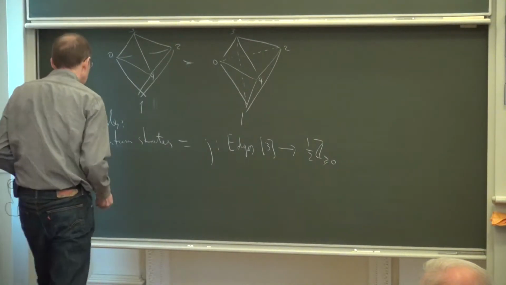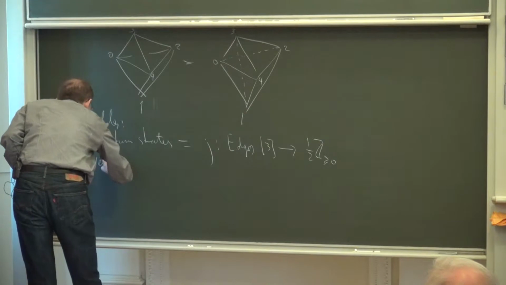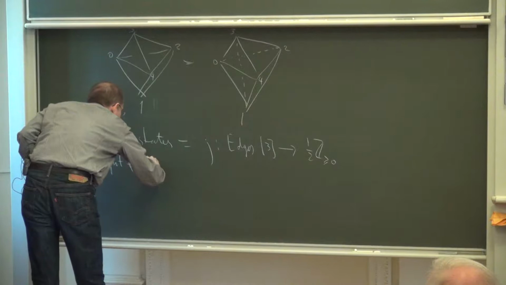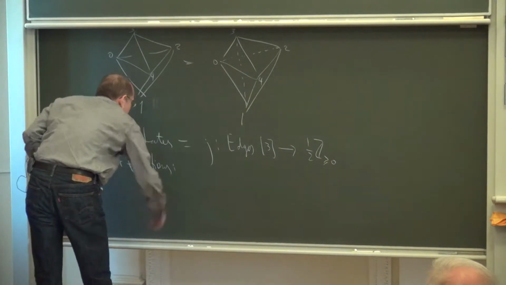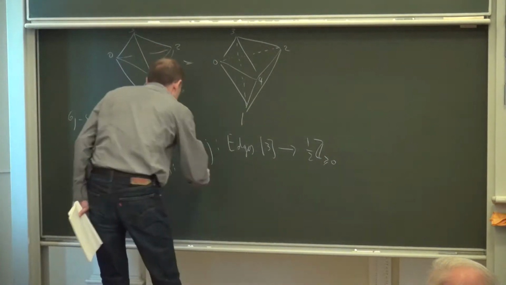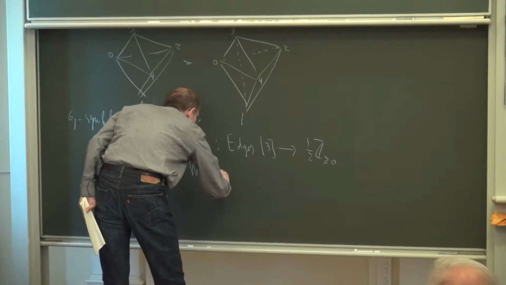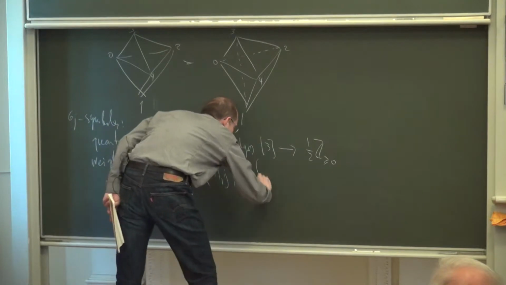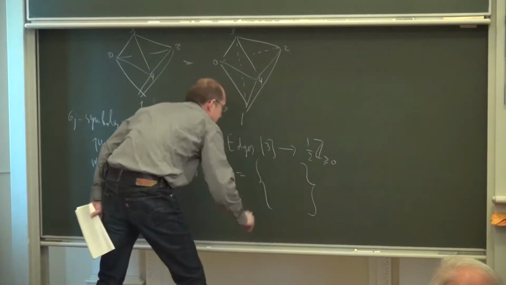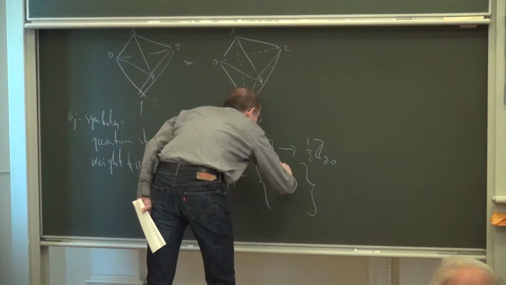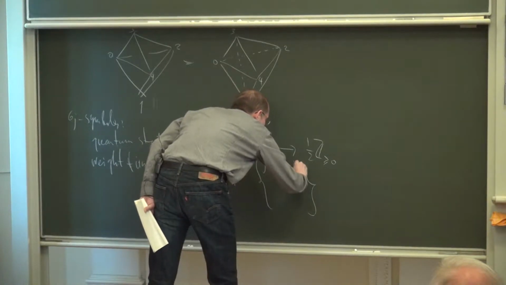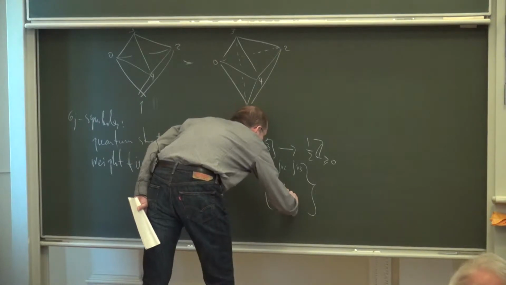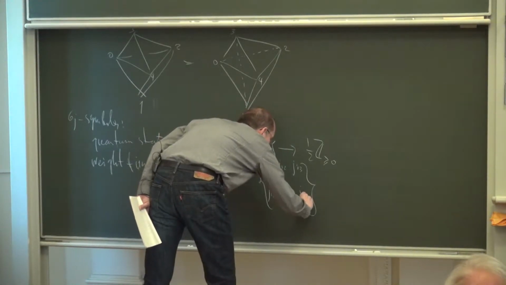Then we have weight functions, which are given by 6j symbols. They are often drawn like this, with j01, j02, j03, j23, j13, j12.